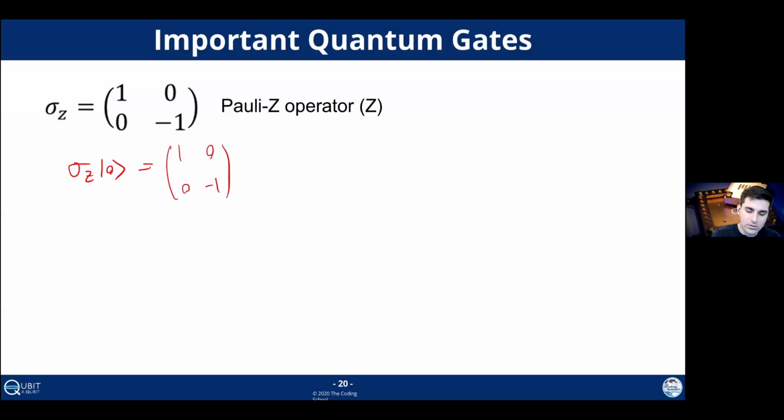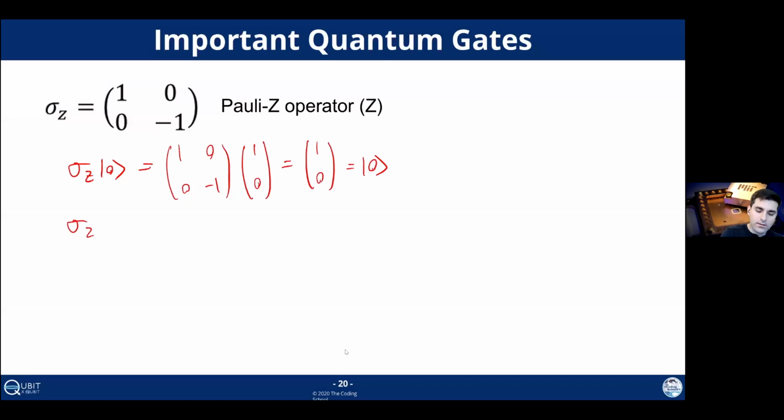Again, for practice, let's just write this in terms of vectors multiplied by matrices. Okay, and polling again. Yeah, most of you got it right. So when I do this matrix multiplication, I just get 1, 0, which is the 0 state.